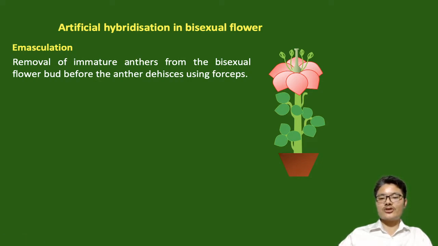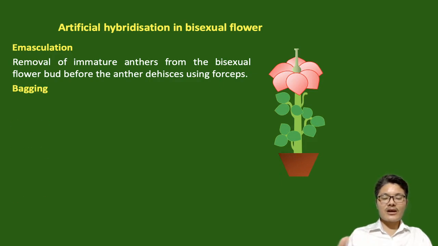Before the maturation of anthers, they are removed with the help of forceps. After removing the anthers, there is no possibility of self-pollination, so that we can dust the desired pollen grains onto the stigma and get the desired plant, right?